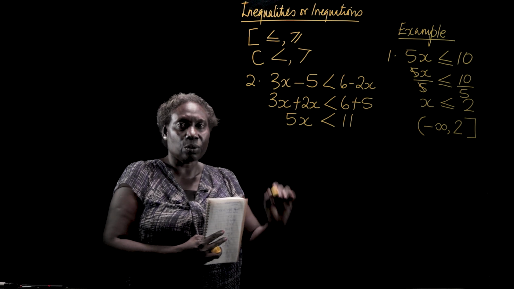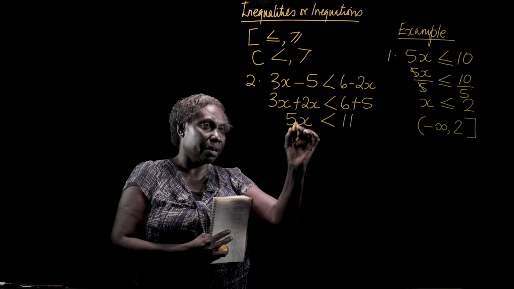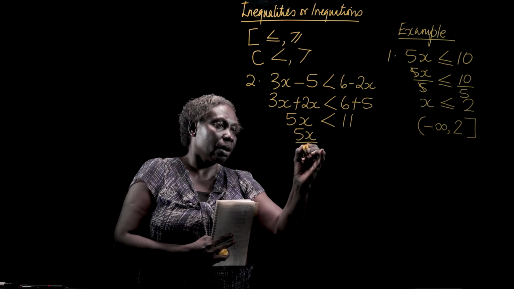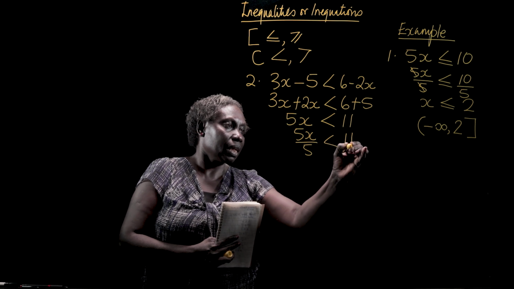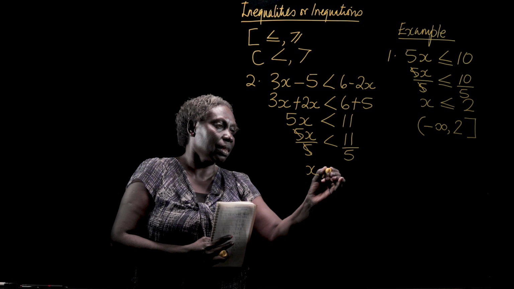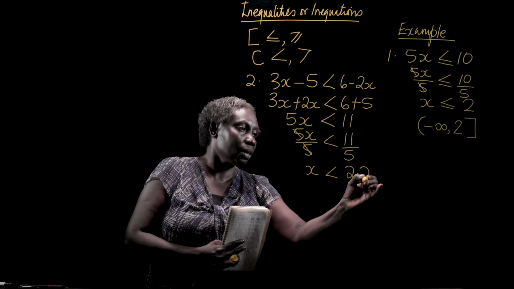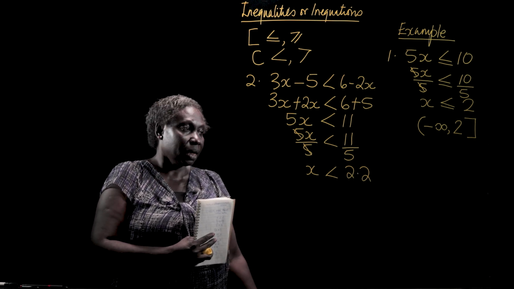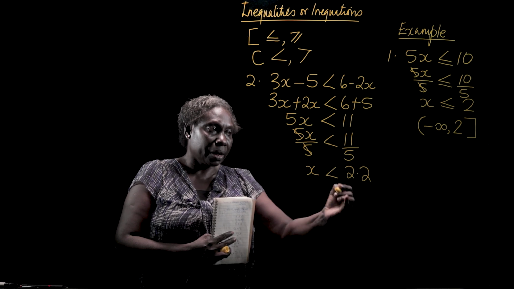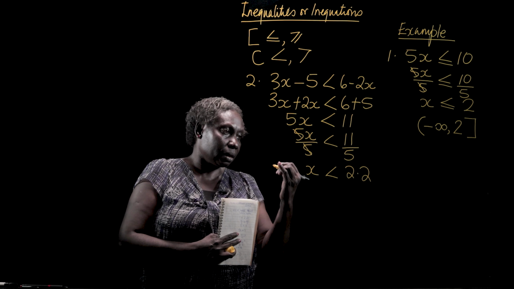Now, to have x on its own, we are going to divide both sides of the inequality by 5. So we have 5x over 5 is less than 11 over 5. This cancels out. So x is less than 11 divided by 5, which is 2.2. So x is less than 2.2. So this time, it's all the values on the left side of 2.2.